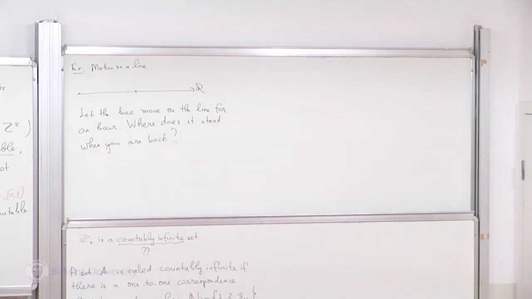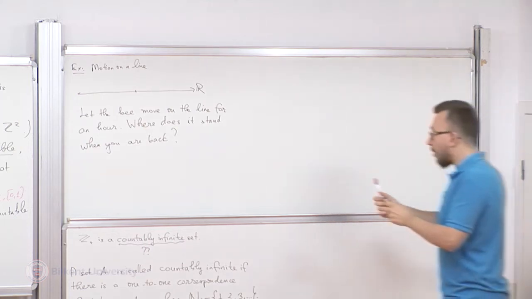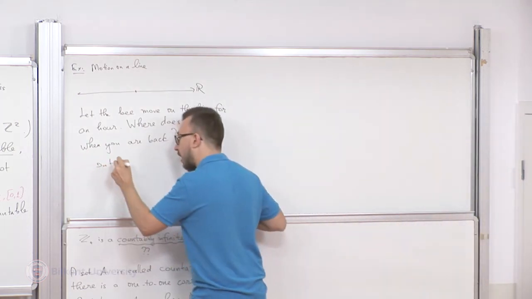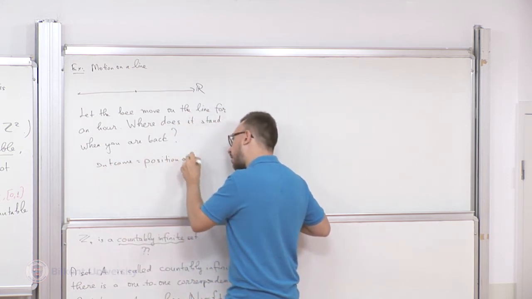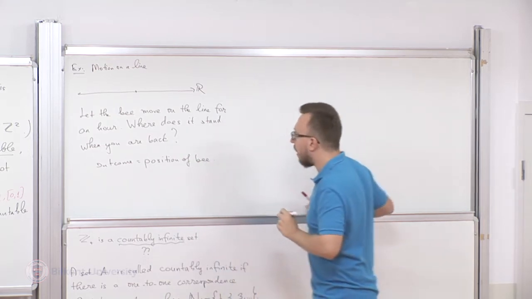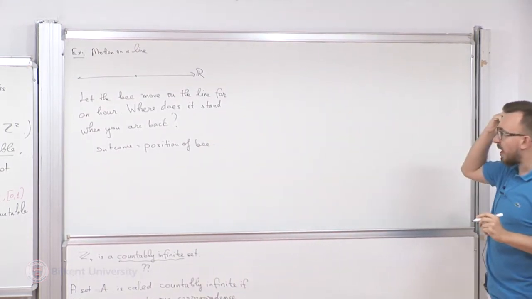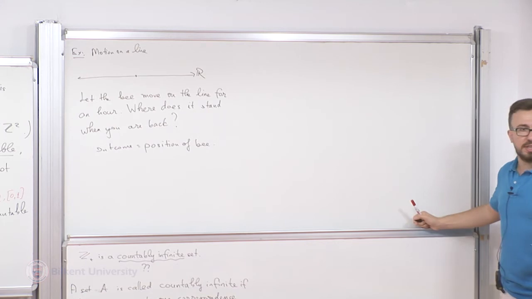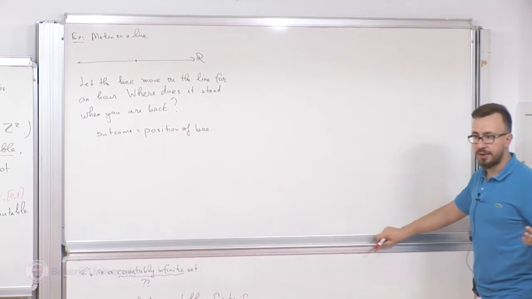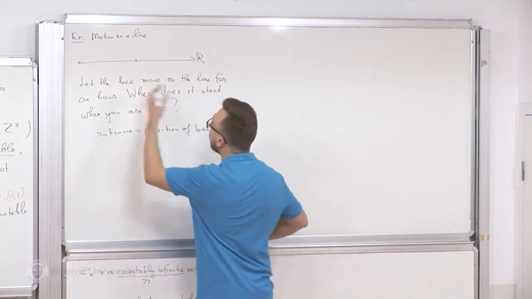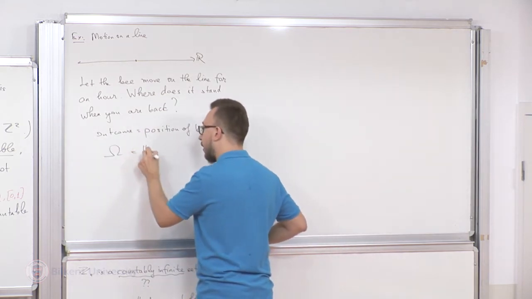If this is what you're interested in, this means you're interested in the position of the bee at the end of an hour. So your outcome is the position of the bee at the end of an hour. So what is our sample space? Just the real numbers, right? It can be anywhere on the line. There is no restriction.